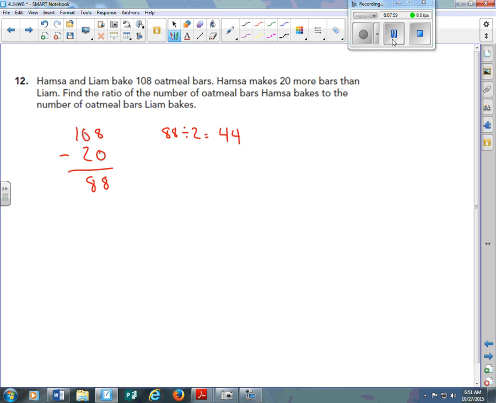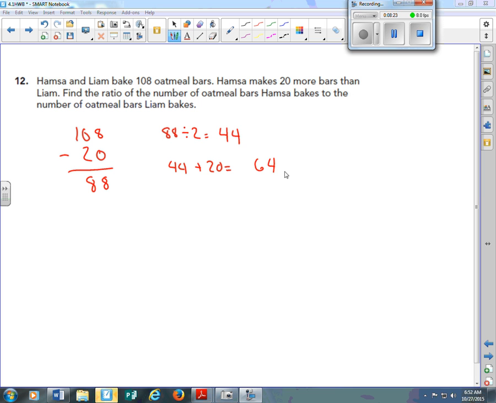That means that each person baked at least 44. But now we've got to figure out how many Liam baked and how many Hamza baked. And we know that Hamza baked 20 more, so we would take our 44 and we would add 20 to it, and we get 64 total.